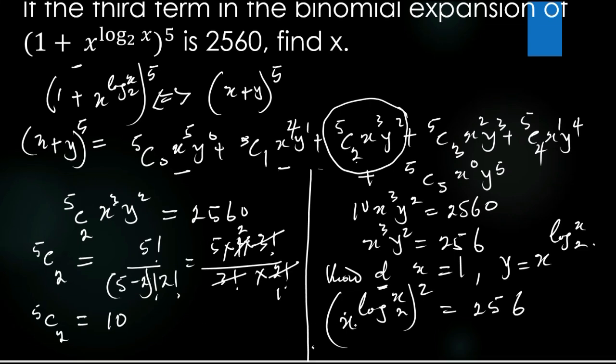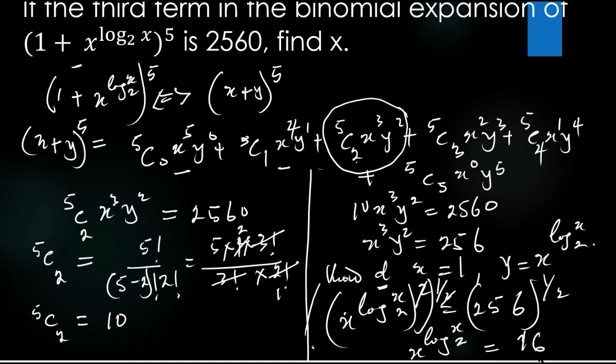Obviously, we can go ahead and find the square root of both sides. If I find the square root of both sides, I'll raise this to half. 2 cancels 2 here. Then I'll find the square root also of 256. So that x raised to the log of x base 2 will be the same thing as 16. The square root of 256 is 16.